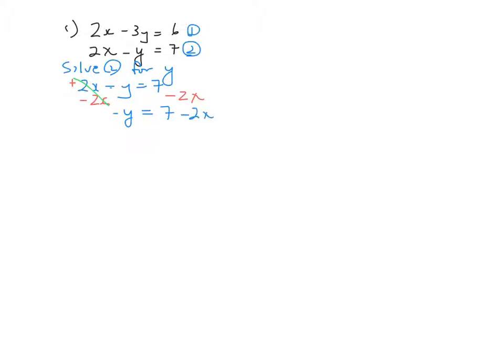From here, we don't quite have our positive y yet. We have a -1y. So to undo that -1 in front of the y, we're going to divide by -1 on both sides. And in doing so, it actually means that we're dividing every term by -1. So what we have now is that y is equal to 7 divided by -1 is -7.